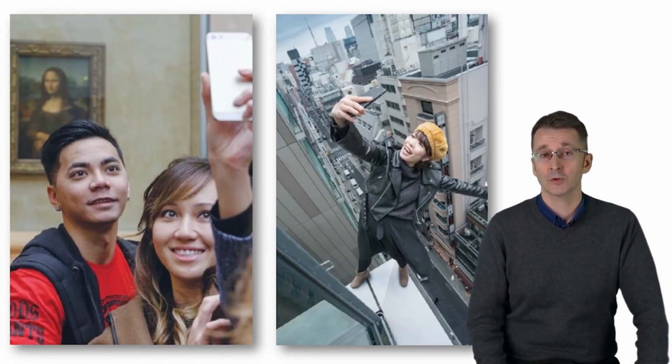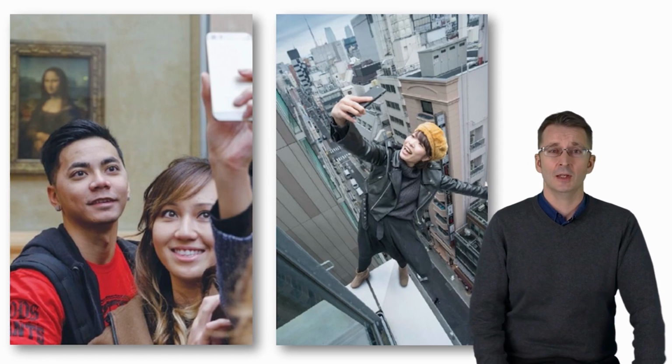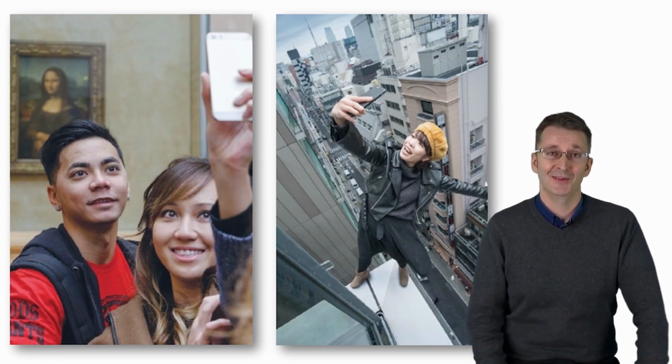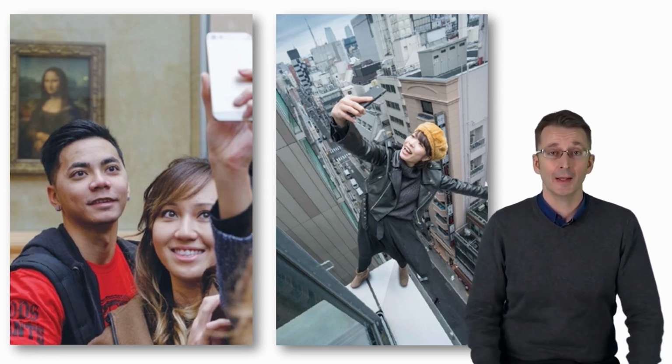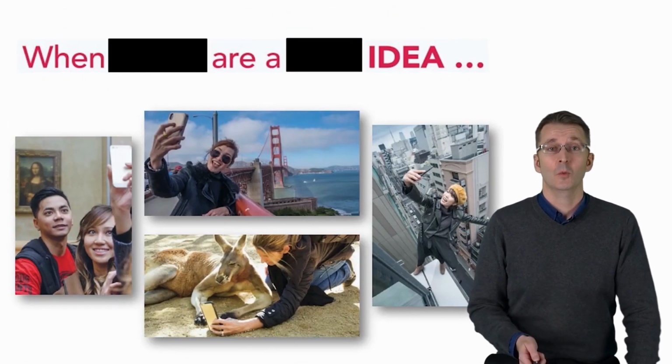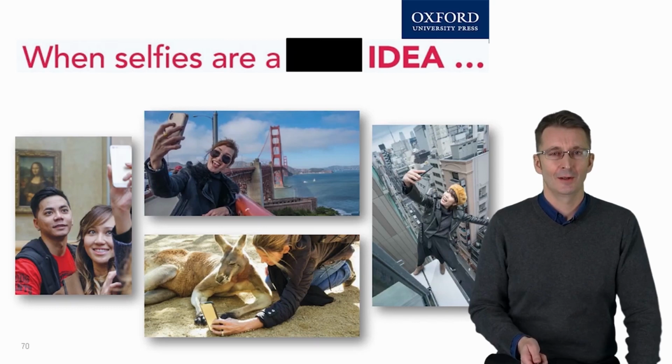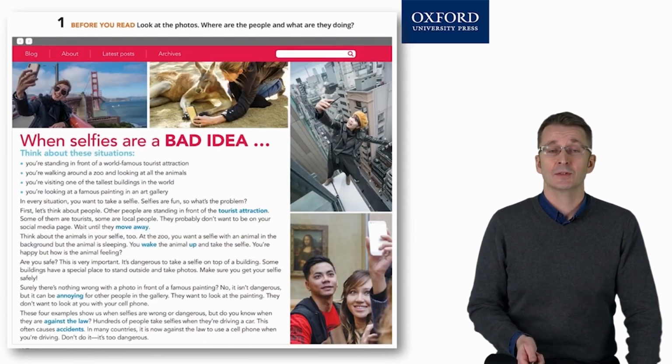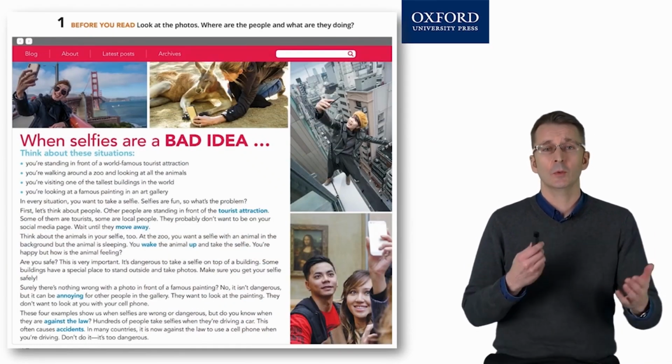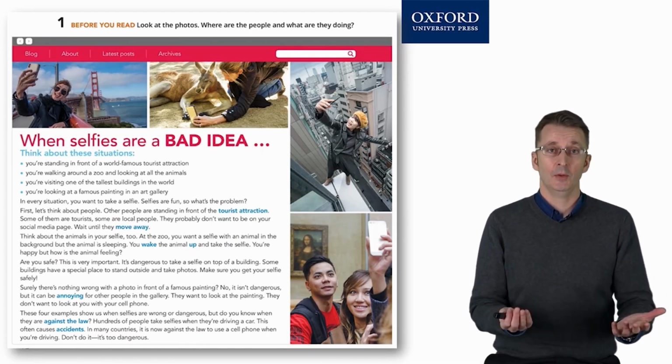Is the first one in a gallery, is that fine, do you think? What about the second one? Can you guess what the title is? When are selfies a good or bad idea? Okay, so here we have this text, and how can we do some intensive language input with this?